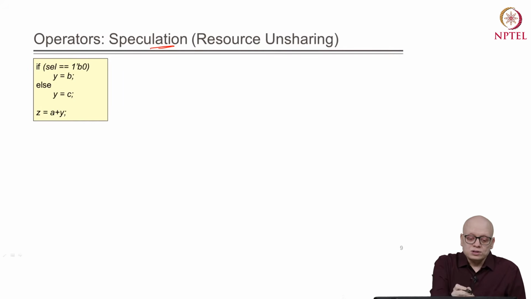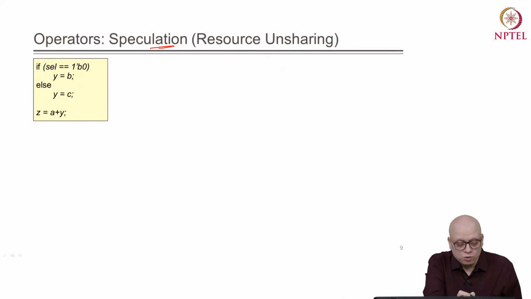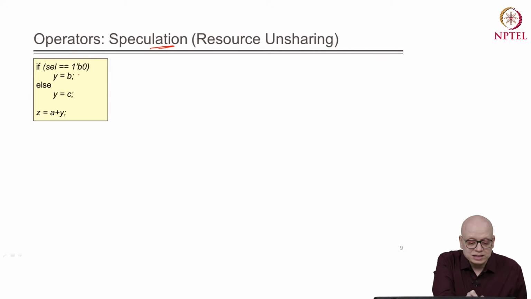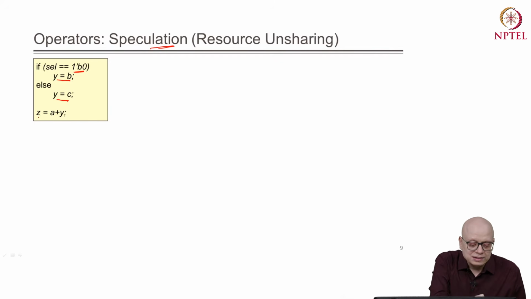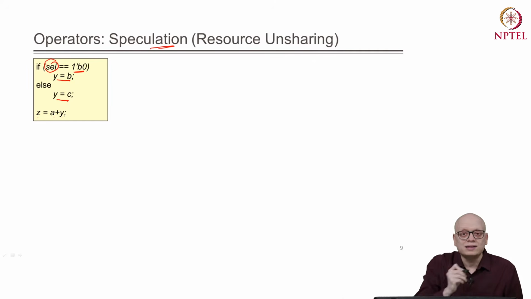Suppose a part of code is given: if select is equal to 0, then y is equal to B, else y is equal to C, and subsequently Z is equal to A plus y, meaning that Z can take a value either A plus B or A plus C, depending on the value of the select line.